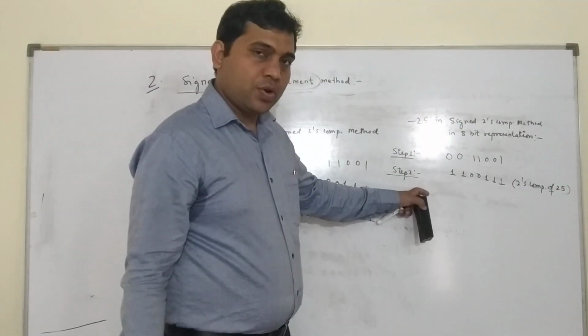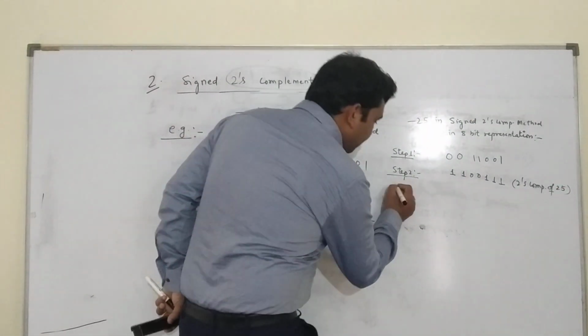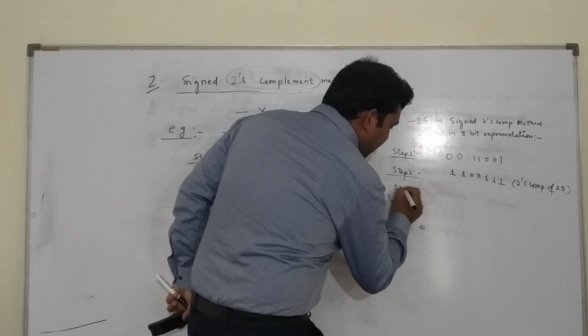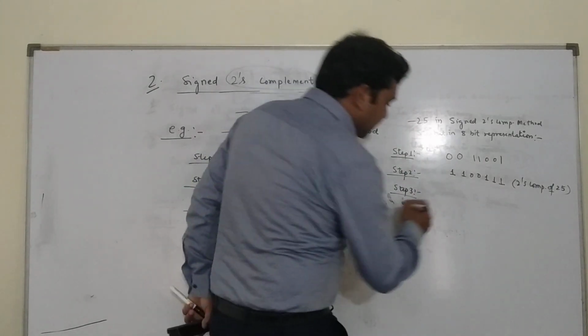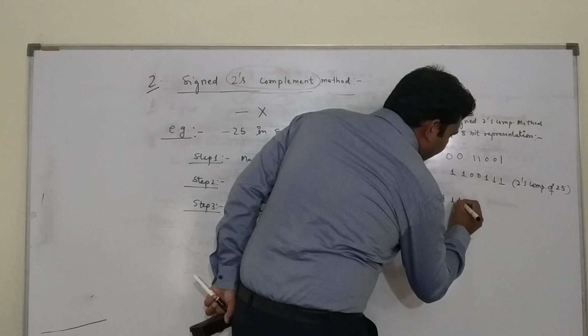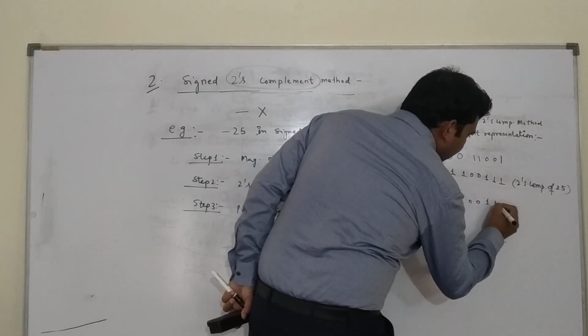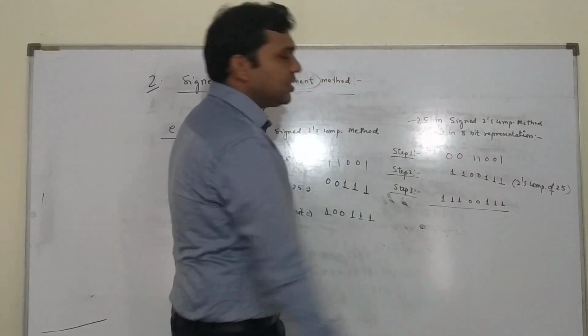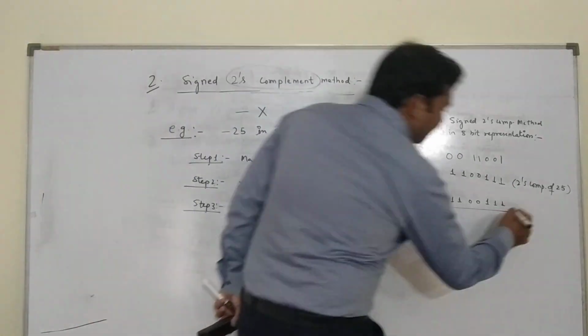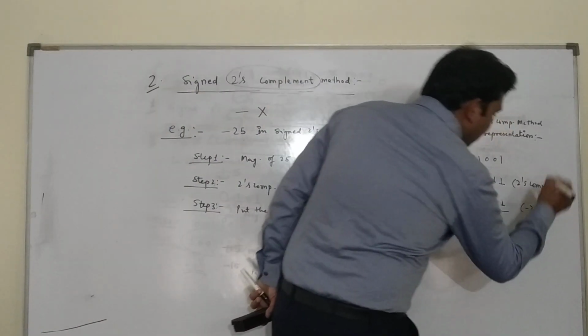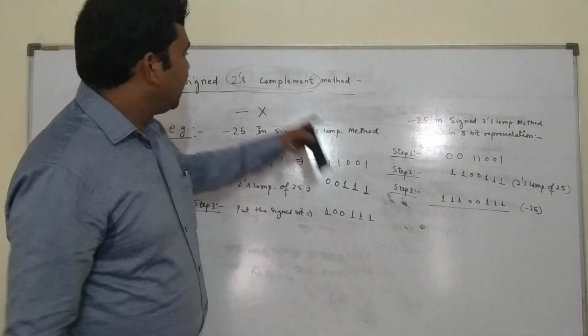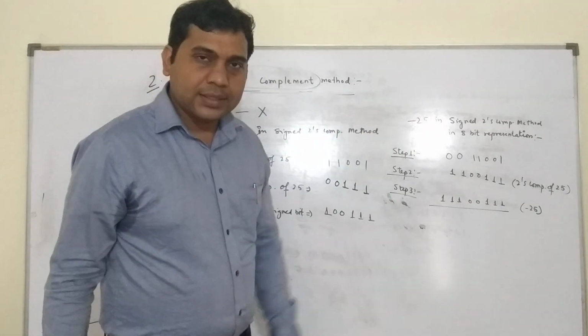Now put the minus sign. Step 3. Put the bit for the minus sign. It's 1 1 1 0 0 1 1 1 like this. So this is minus 25 in the signed 2's complement method.